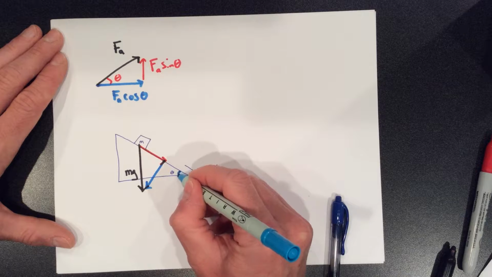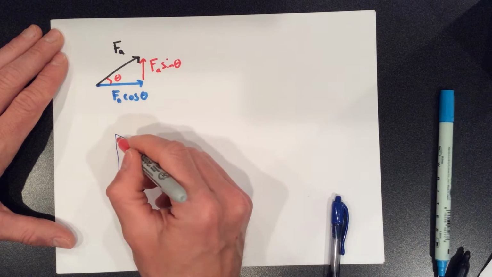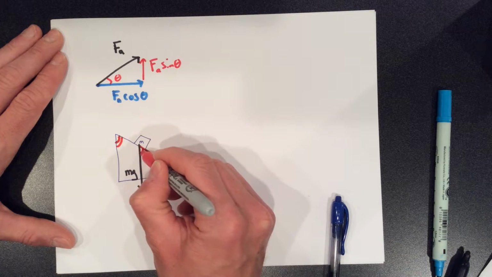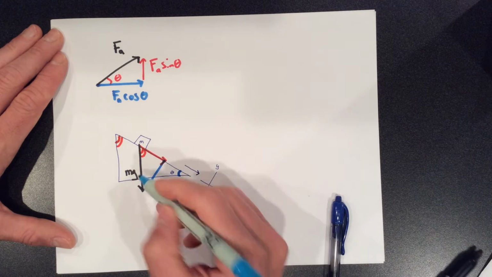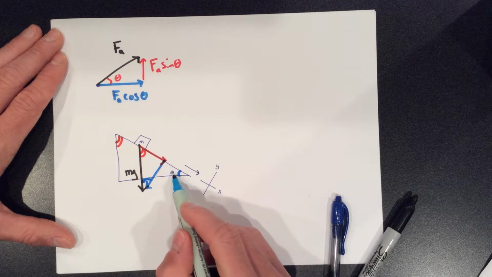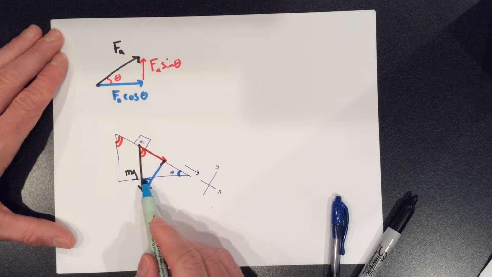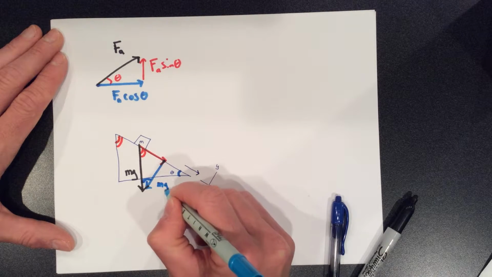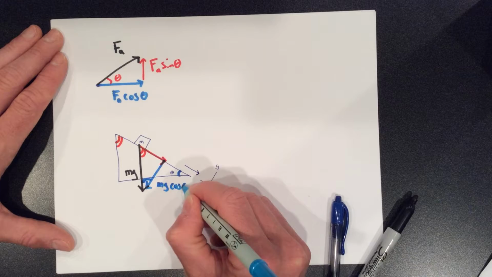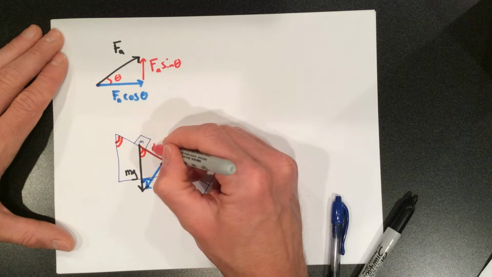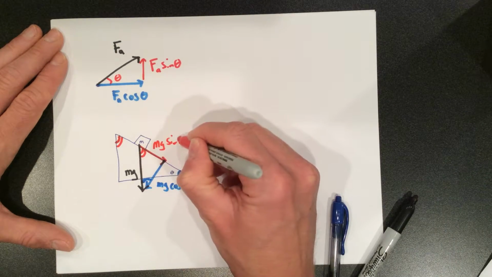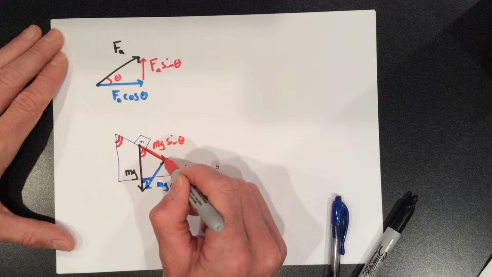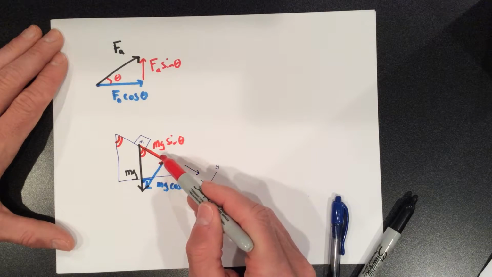If this angle is some theta, then this is some other angle, okay? But that angle and that angle are the same, which means that this angle down here has to be theta. But if this angle is theta, this is the adjacent part. So that means this leg, the blue, is mg cosine theta, and the red is mg sine theta. So mg sine theta is gravity's part that pulls you down the ramp. mg cosine theta pulls you into the ramp.